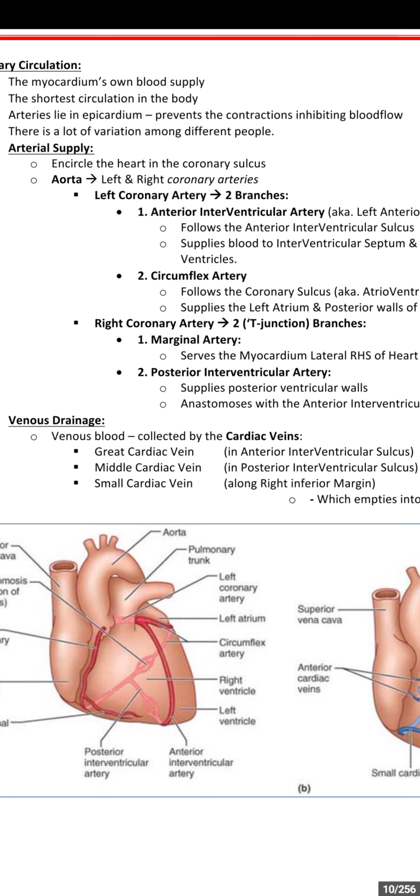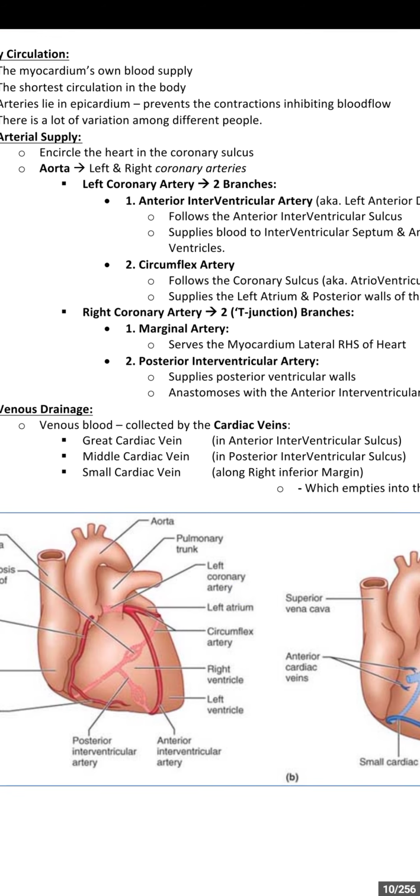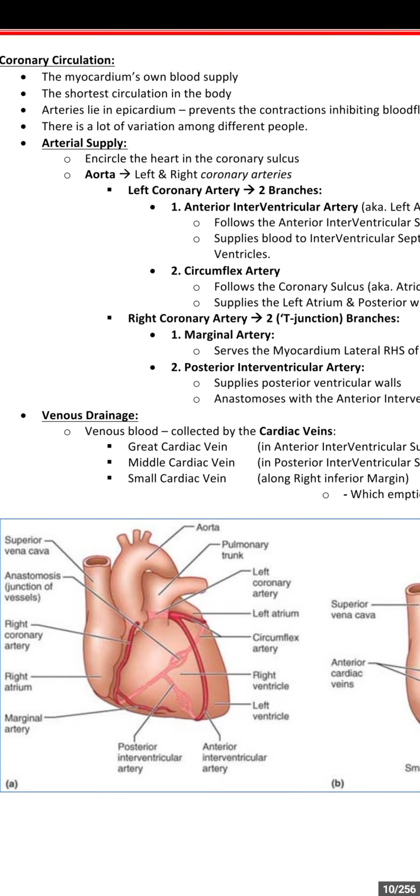That can also increase the heart rate. The arteries in the epicardium, their grooves and their insulation, will be varied.